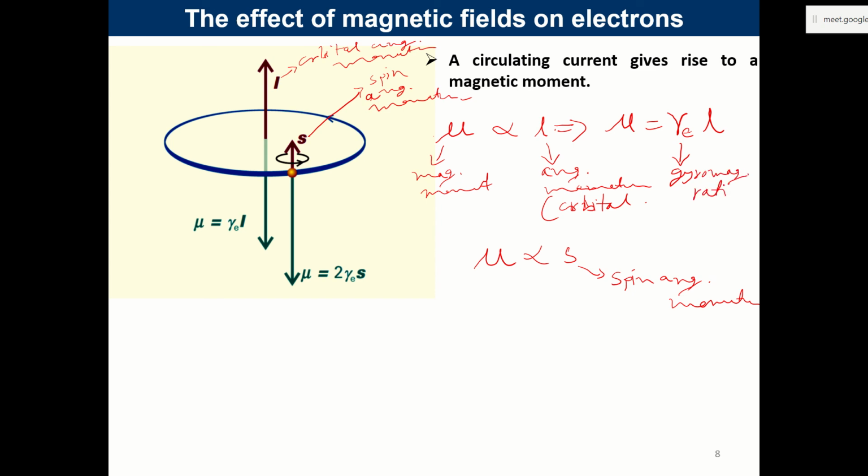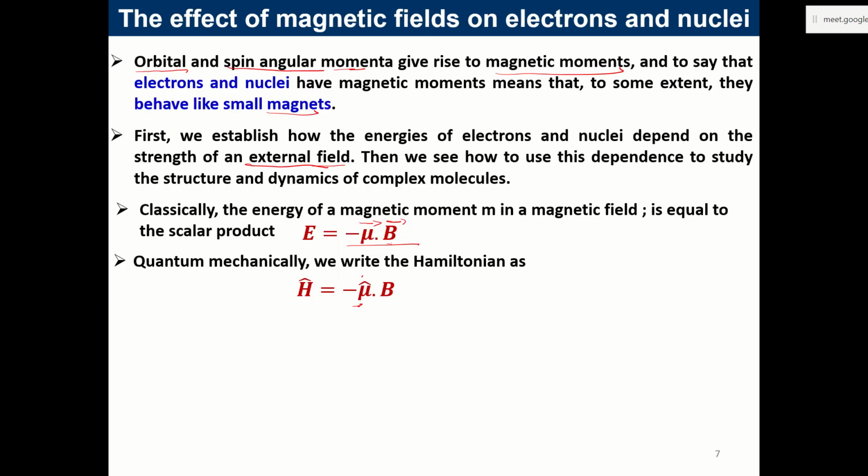The orbital angular momentum, when it interacts with the magnetic field, gives rise to one magnetic moment. Similarly, the spin angular momentum of the electron is the origin of another magnetic moment, and again you have another proportionality constant.